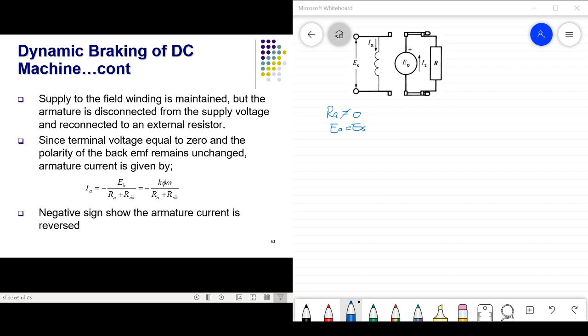So this is the equation, by referring to this figure.